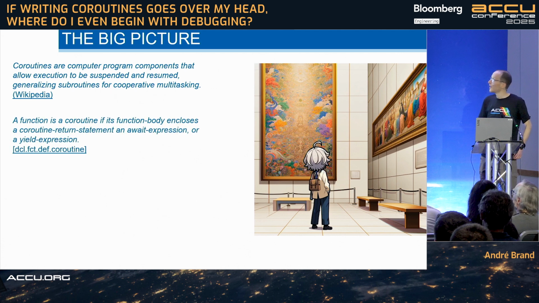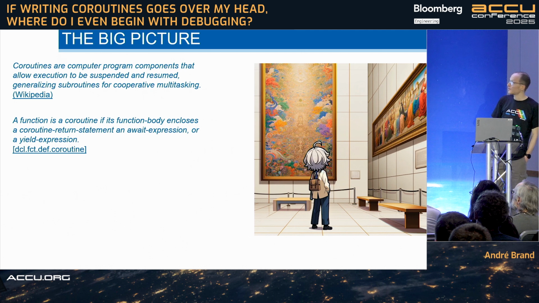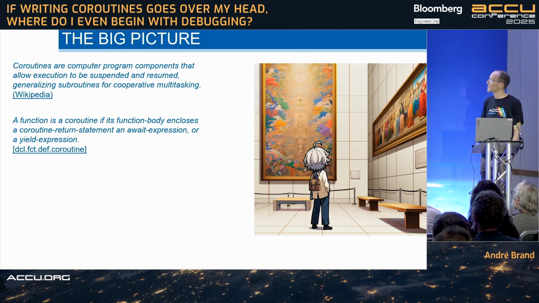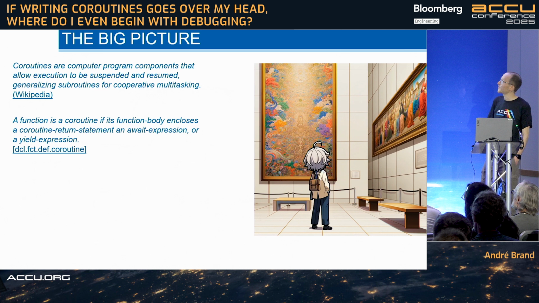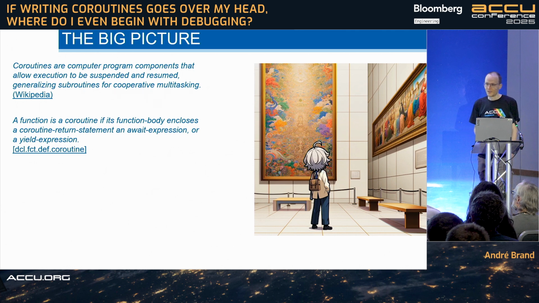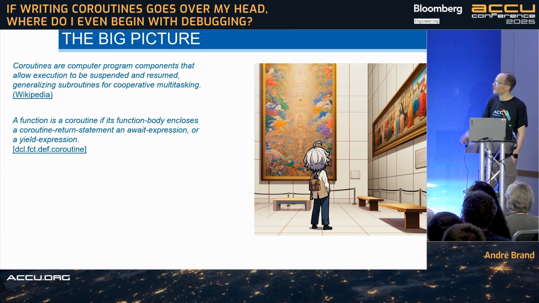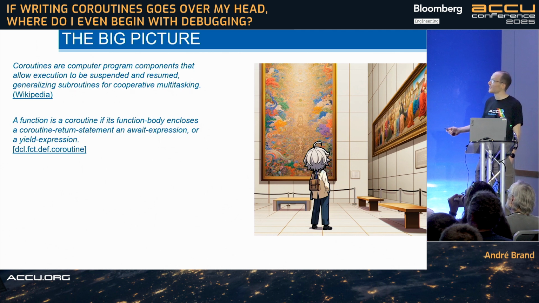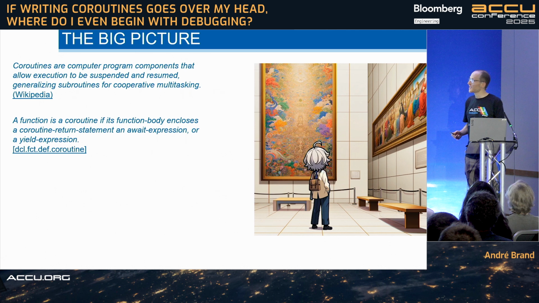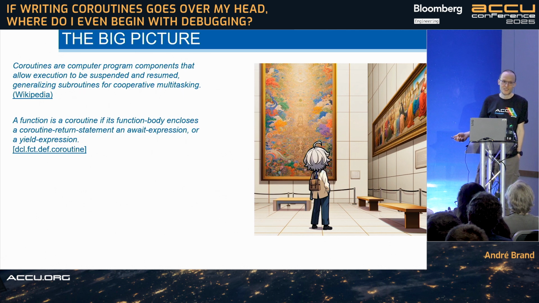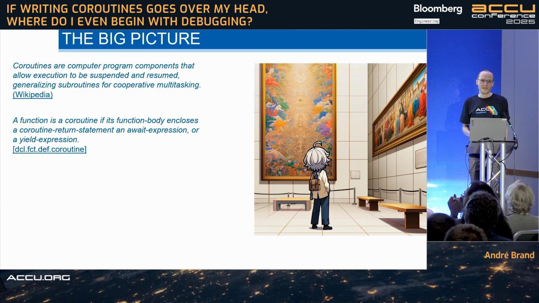So next, let's see what the standard says about coroutines. A function is a coroutine if its function body encloses a coroutine return statement, an await expression, or a yield expression. So we are in a kind of conflict here, because Wikipedia told us earlier that coroutines generalize functions, and the C++ standard tells us that a coroutine is just yet another function.